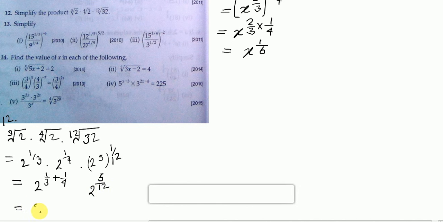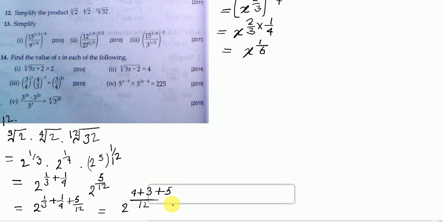2 raised to the power 1 by 3 plus 1 by 4 plus 5 by 12. 2 raised to the power, taking LCM 12, 3 4s are 12, 4 3s are 12, and 12 1s are 12.